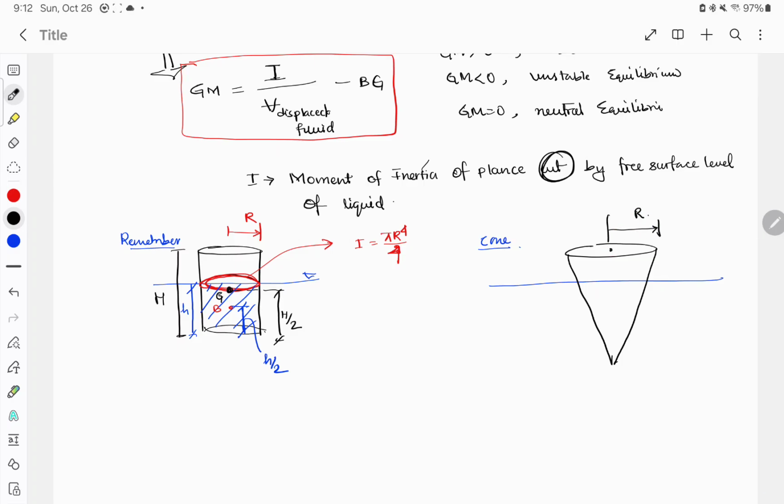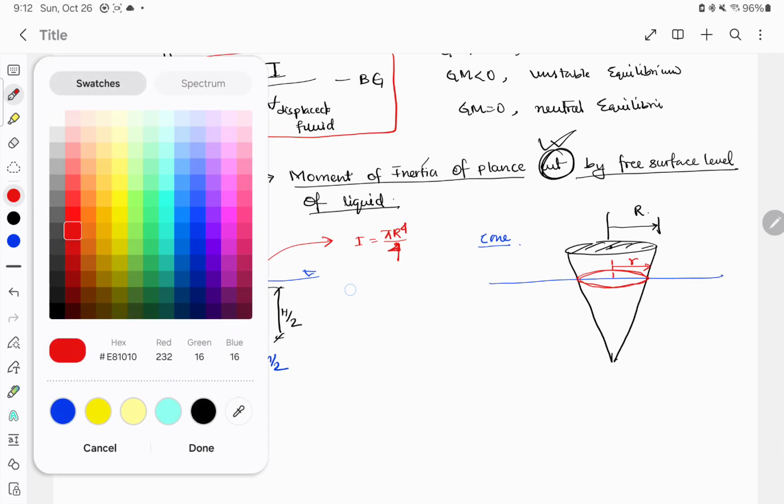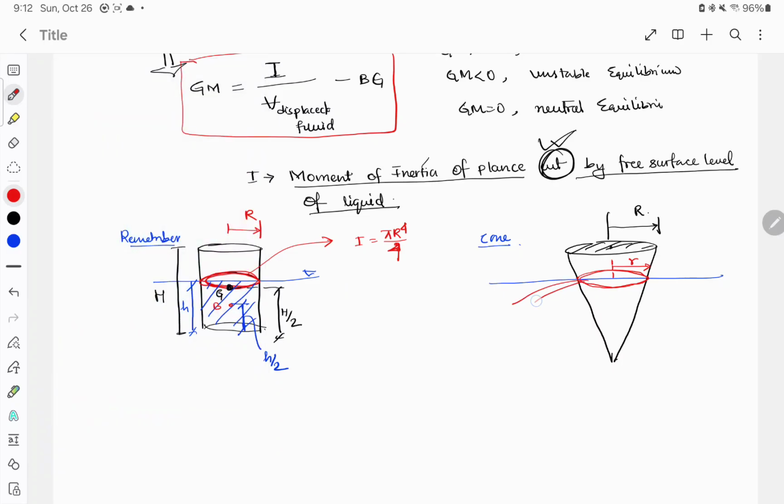You cannot take the moment of inertia of this portion; you have to take the cut portion, the plane at the free surface level of the liquid, this particular circle. For that you need to calculate this small r, and once you calculate it, the moment of inertia of this plate is I equal to pi small r to the power 4 divided by 4.